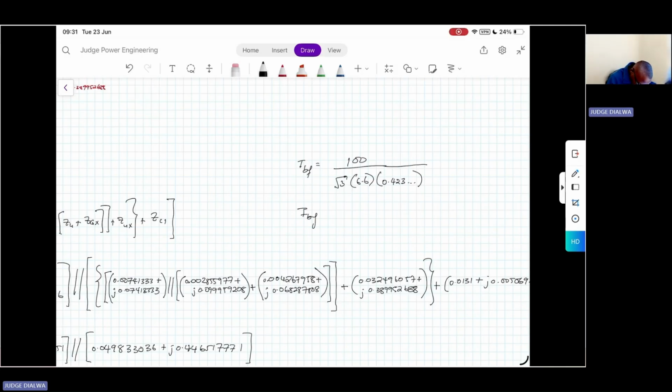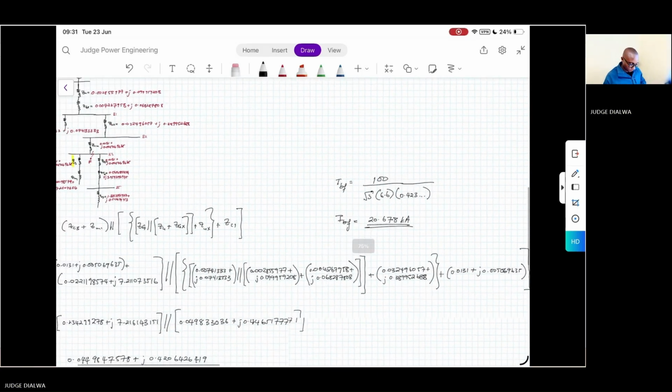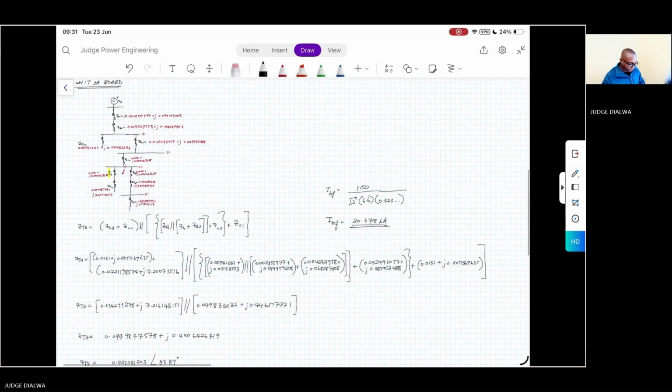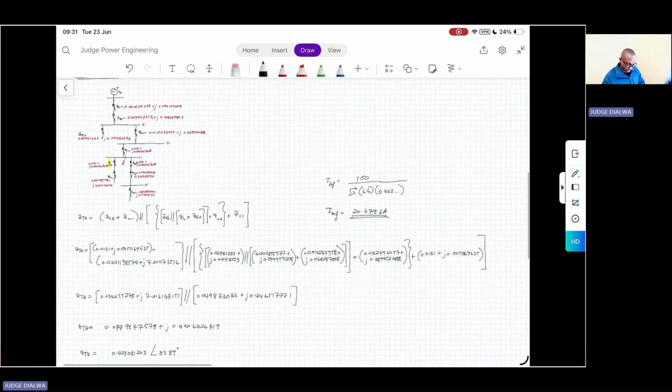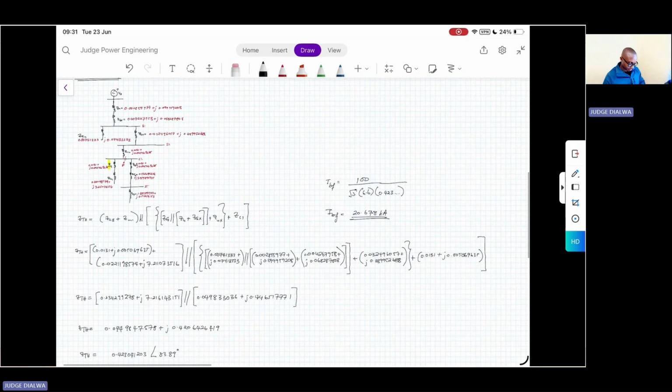That will give you a fault current of 20.678 kiloamps. That is that with this part of our network.